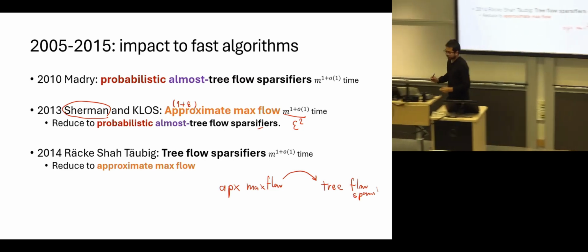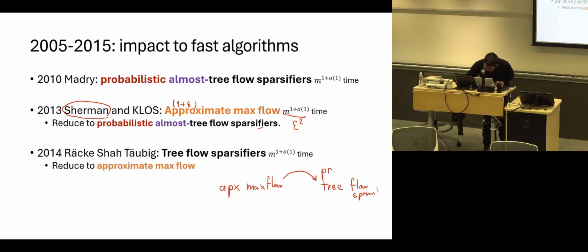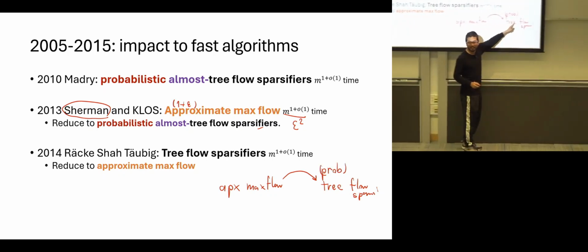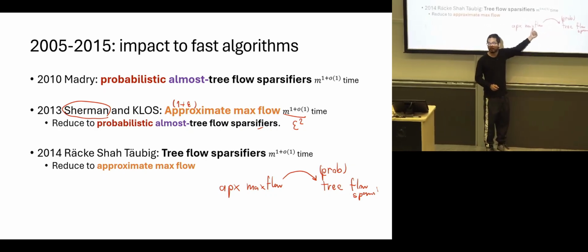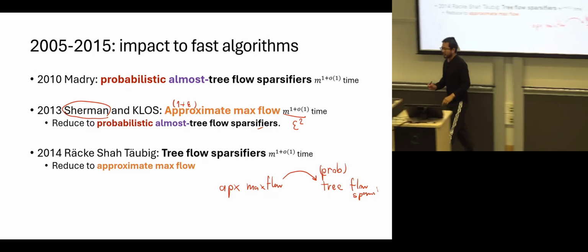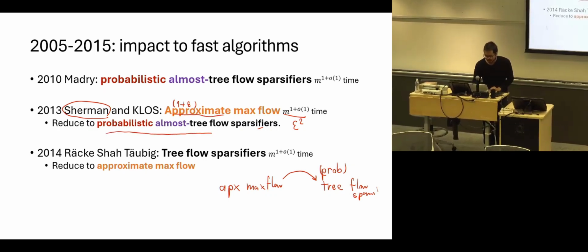Actually, no, it reduces to the probabilistic version. Even the probabilistic version is enough to get approximate MaxFlow fast. This reduces approximate MaxFlow to probabilistic tree flow sparsifier. But tree flow sparsifier here is also reduced to approximate MaxFlow.